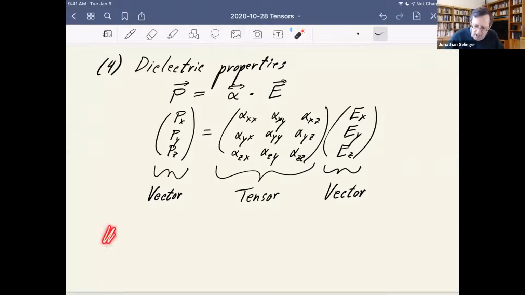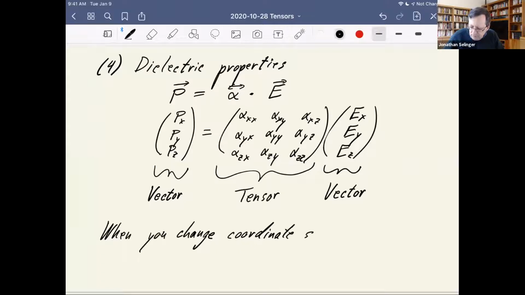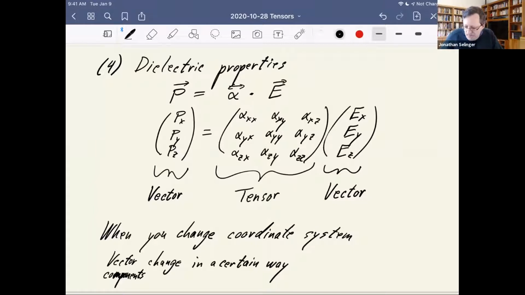That is, when you change coordinate system, the vector components change in a certain way, and likewise the tensor components change in another certain way.